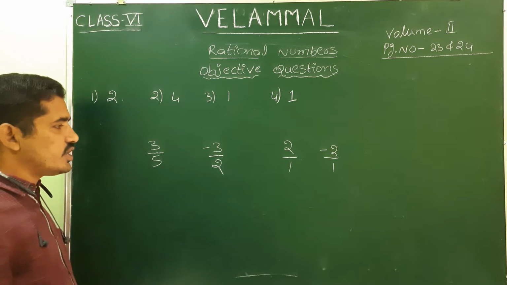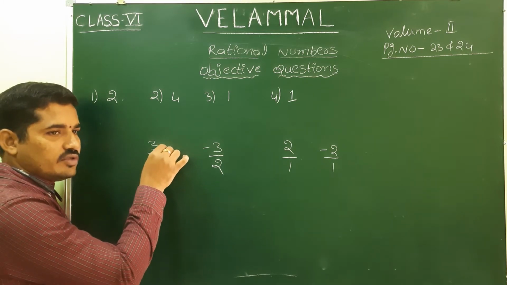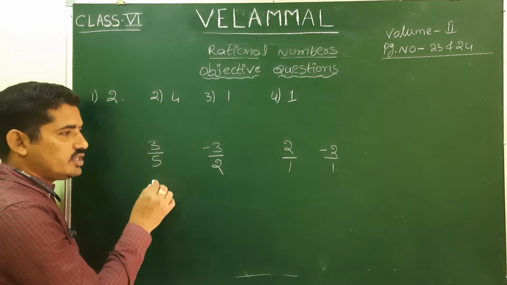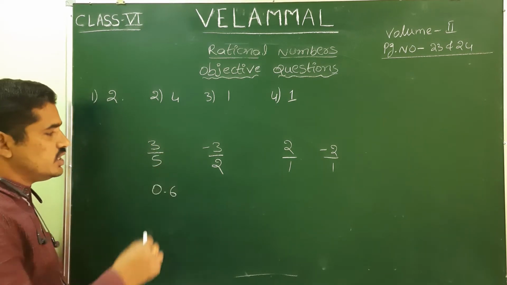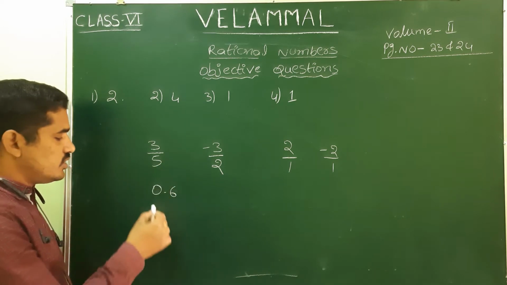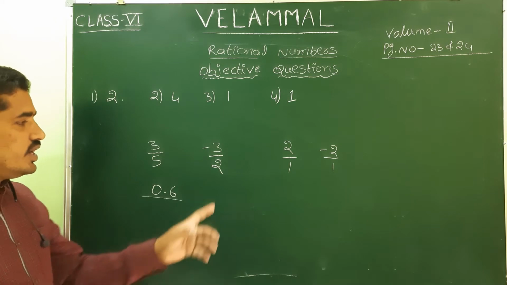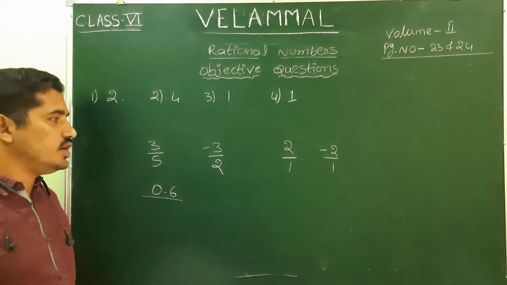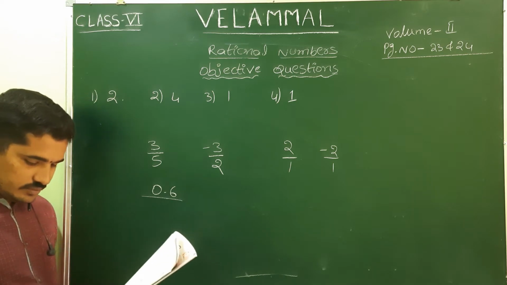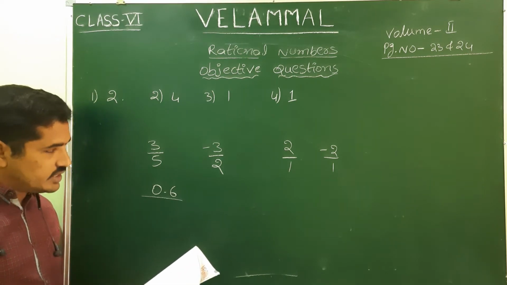Yes, true. For example, 3 by 5. If we do the general division, 0.6 will come. 0.6 is not an integer. It is a decimal number. So every integer can be a rational number, but every rational number need not be an integer.